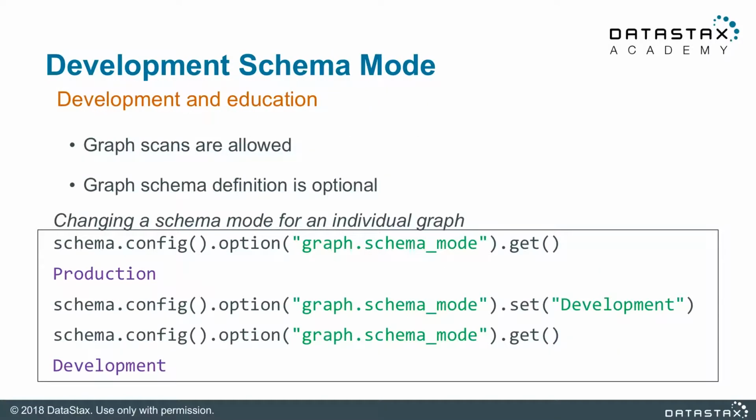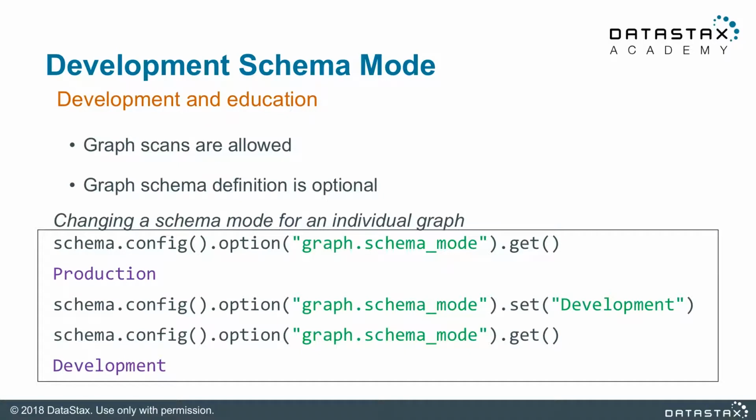Now, for development and educational purposes, it may be okay to use the development schema mode. This mode is good for playing around, when you're trying to get to know the product, when you're first sketching out how your graph may look, when your schema changes frequently, or there is a period of very rapid schema evolution as you try to understand your data and improve its quality.